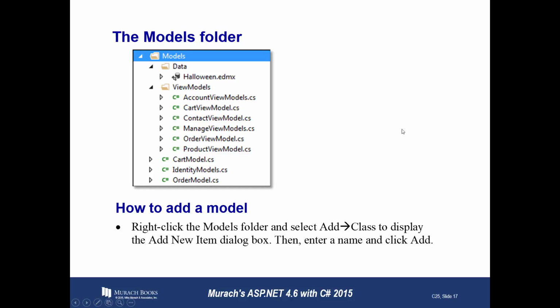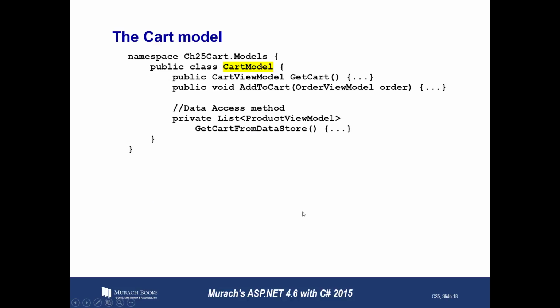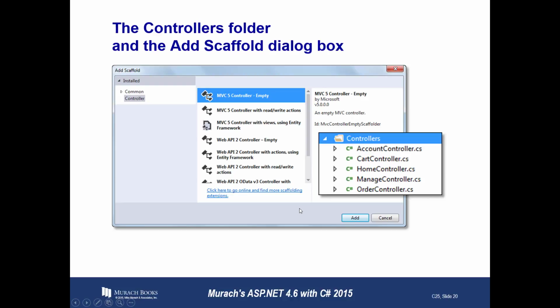If we want to come in and add additional models, we right-click on the models folder and choose Add Class. We can add and put whatever we need to put in here. Now again, some of this stuff is a bit dated, but we're going to look at coming in here and choosing, for example, at least some of these, the MVC5 controller empty.